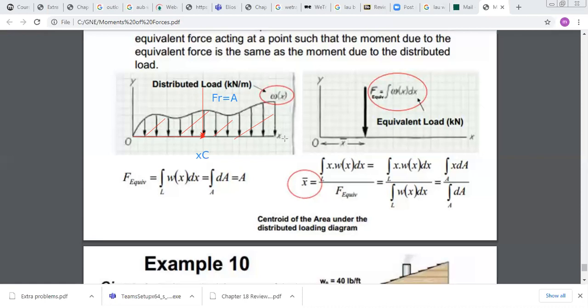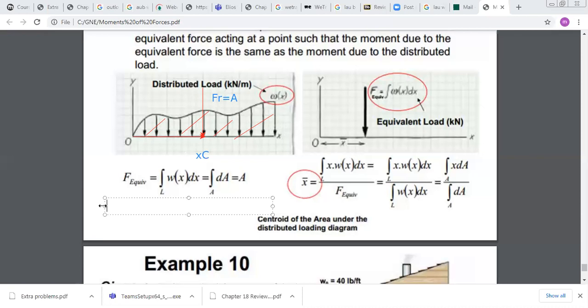Okay. What do you do to find the centroid of an area? What is the formula? Do you hear me? Okay, so I will repeat.